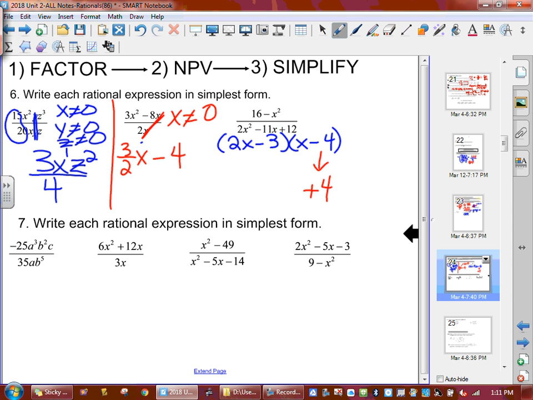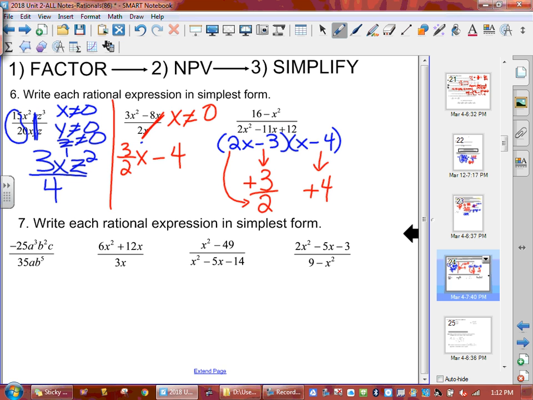So you would take the number out of brackets with the opposite sign, same as we did here. 4 came out as a positive 4 because it's negative in brackets. This one here is a negative 3 in brackets. It's coming out as a positive 3. But because there's a number in front of x, that's going to come down and create a fraction. It's actually 3 over 2. Okay? And that's how it'll always work.